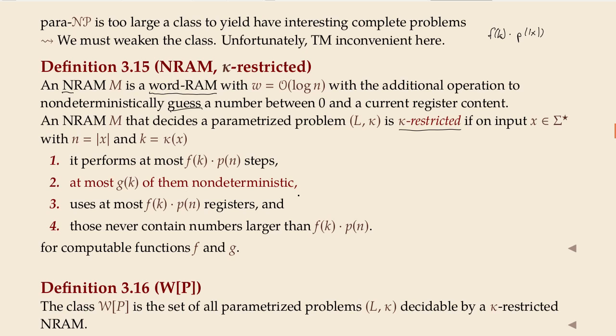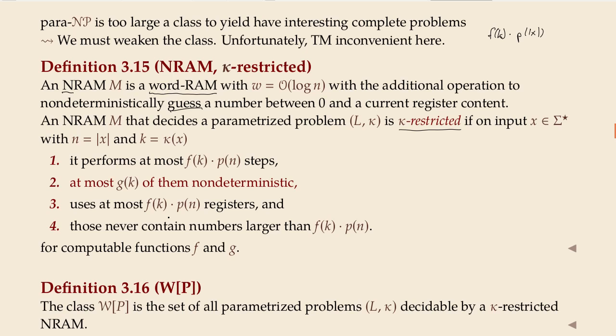We also restrict the number of non-deterministic steps. These may only depend on the parameter. And that's the main difference to the class before. There we said you can have this runtime, and just a non-deterministic machine with that runtime can be non-deterministic in every one of these steps. Now we allow only a function of the parameter here.